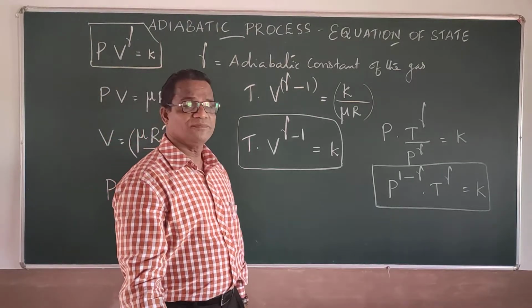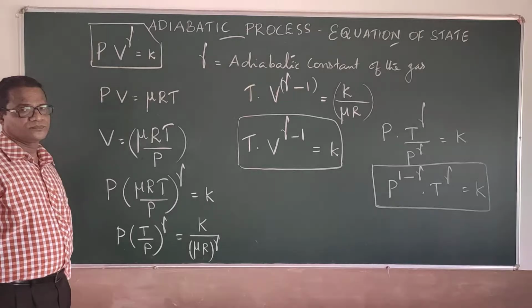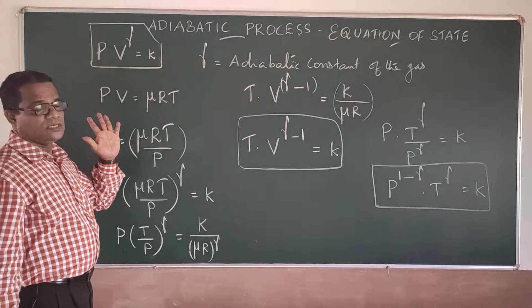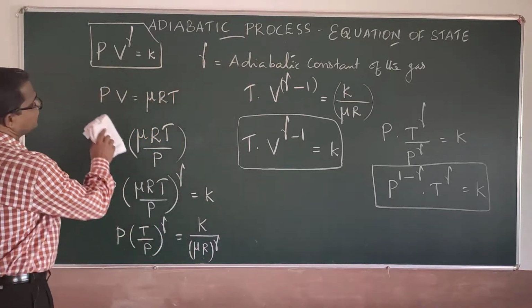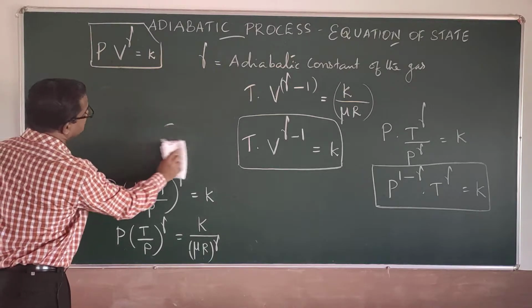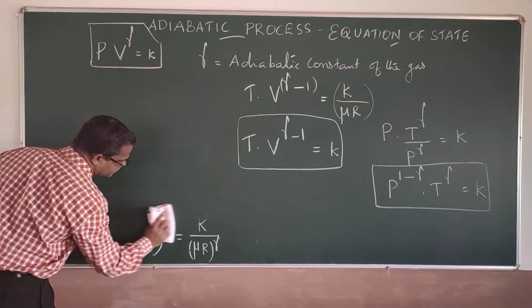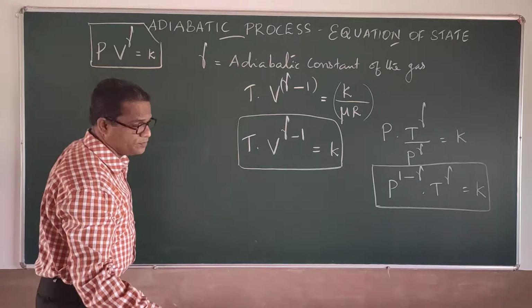Now one more point from this part is the indicator diagram. So what is the shape of the indicator diagram for this? Let us see. If I take this particular equation, that is P V raised to gamma is a constant, because indicator diagram is a graph between pressure and volume.